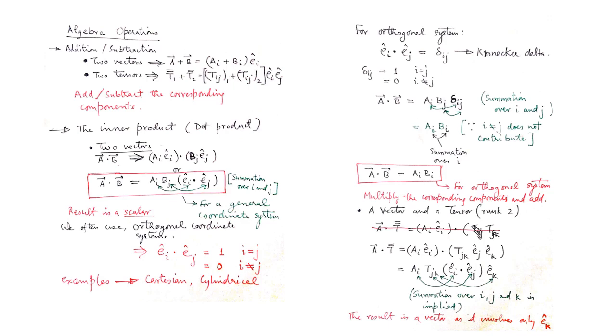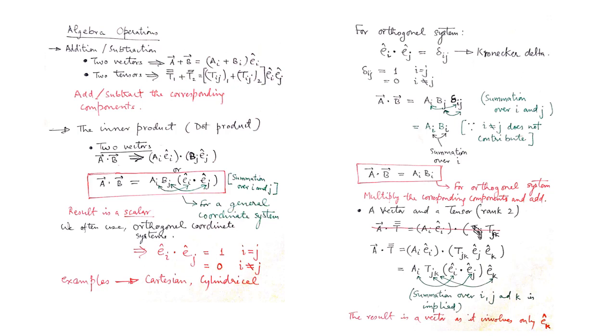The first thing that I am discussing with the inner product is, suppose we want a dot product of two vectors. We will write it as A dot B. Since we already know the indicial notation, we will write the vectors as A_i e_i dot B_j e_j. Notice that once I use one index for representing one of the vectors, which is i for A, then I am using a different index j for the other vector.